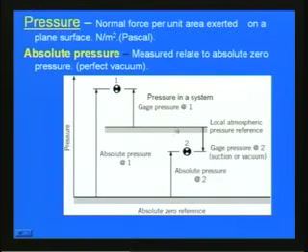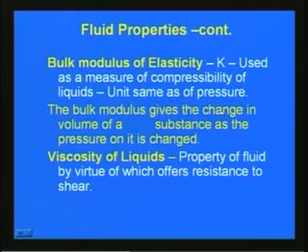This pressure can be expressed as absolute pressure, or when we measure with respect to a local atmospheric pressure reference, as gauge pressure, and also vacuum pressure, as differentiated in this slide. Then another important property is the bulk modulus of elasticity, expressed as K. It is the measure of compressibility of liquids, and the unit is the same as pressure.